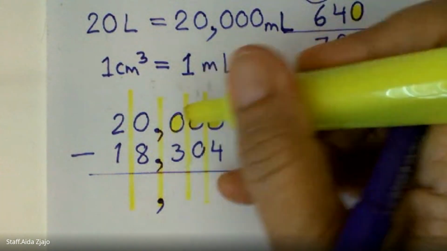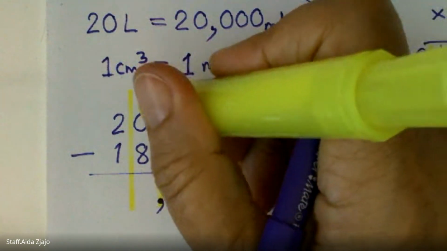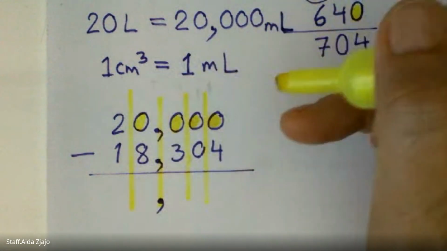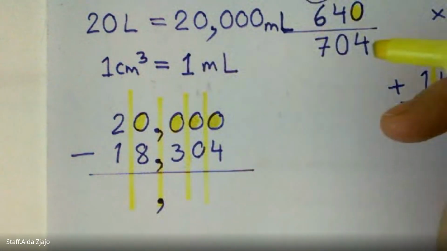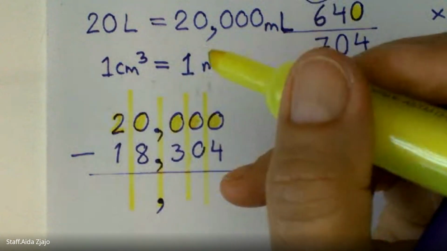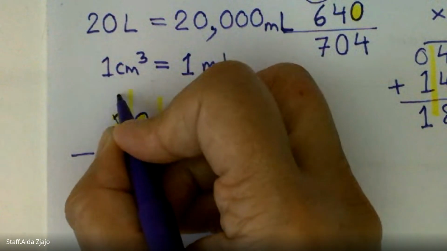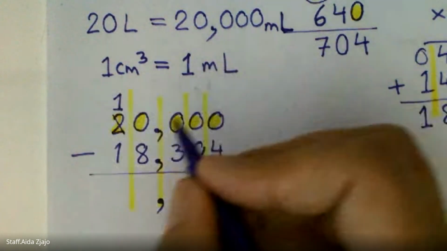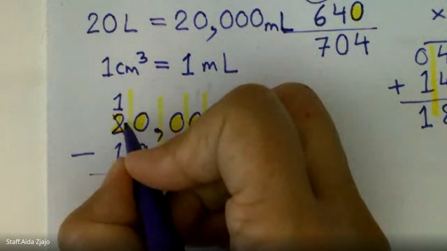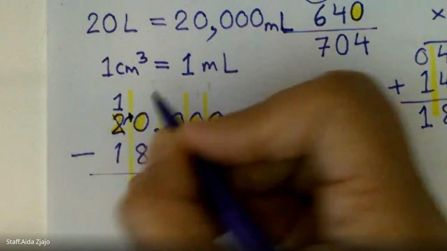I have 0 hundreds, need 3, take away. And I have 0 thousands, I need 8, take away. So all I have is 2 ten thousands, which I am going to regroup. Take only 1 ten thousand, and one higher level value is 10 times bigger than the smaller value.